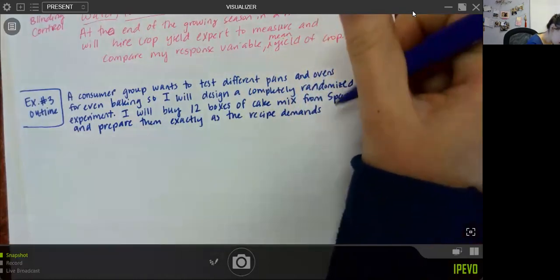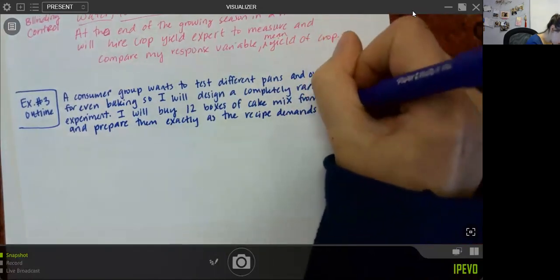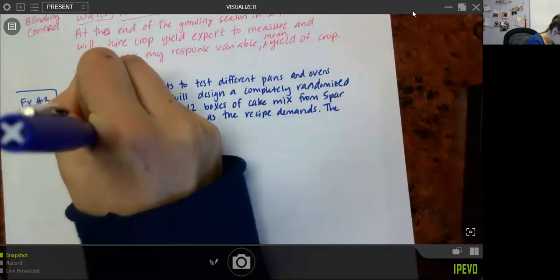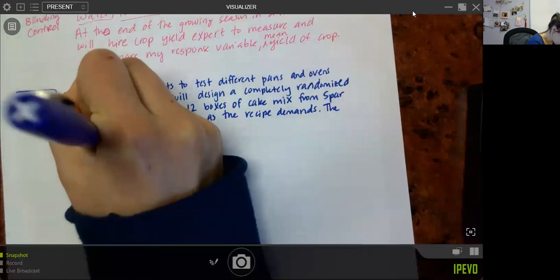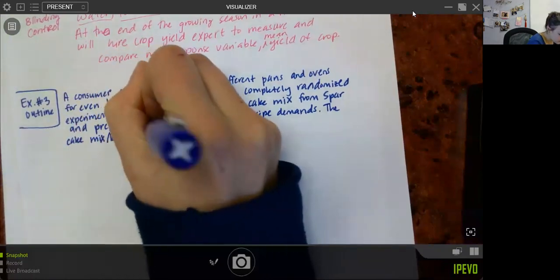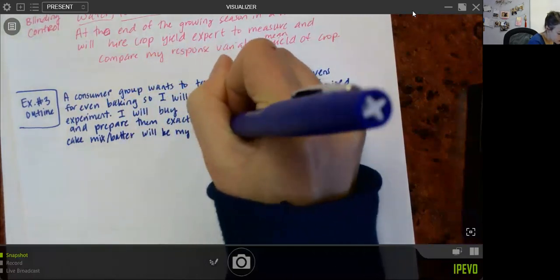Okay, and these cake mix, the cake mix or batter will be my experimental units.